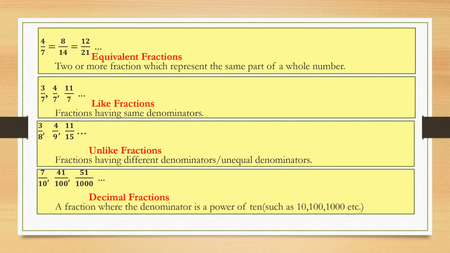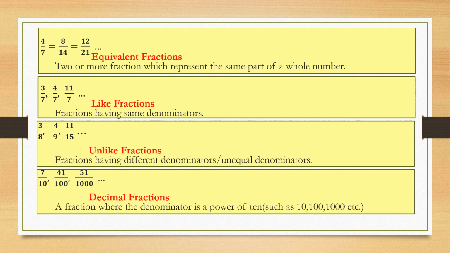So they all are equivalent fractions. You may make equivalent fractions by multiplying or dividing both the numerator and the denominator by the same number. But remember, you only multiply or divide. Never add or subtract to get an equivalent fraction.